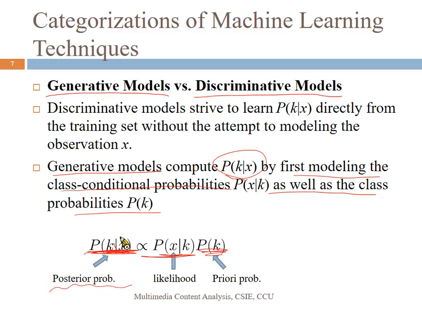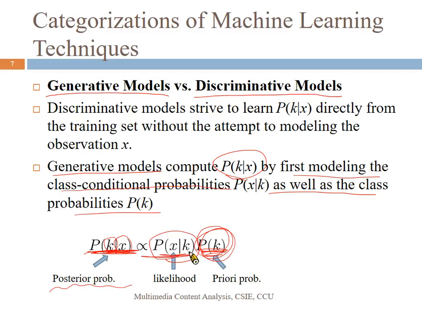So given the data x, we want to estimate its class label or its regression value. Okay, basically the class label. And this probability can be estimated by multiplying the prior probability, the probability of class k, and the probability of x given k.